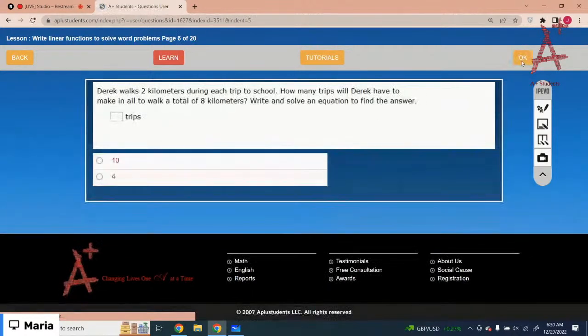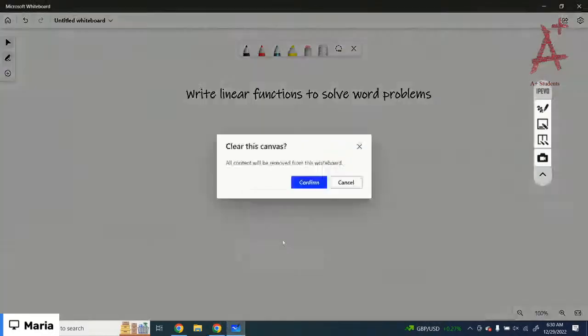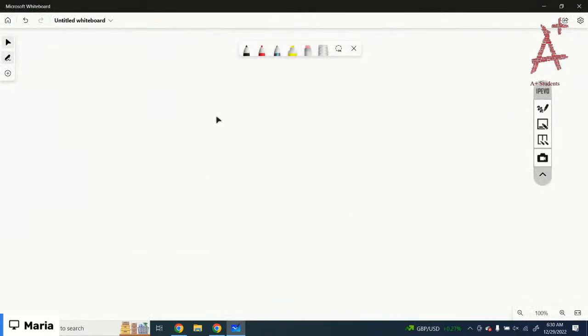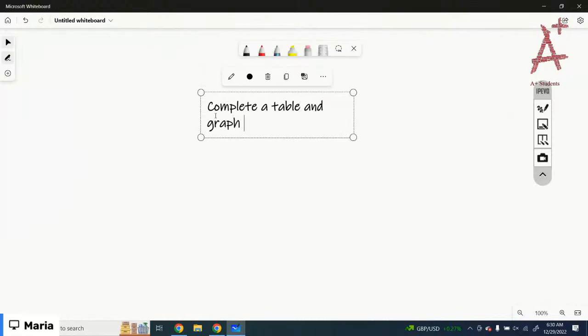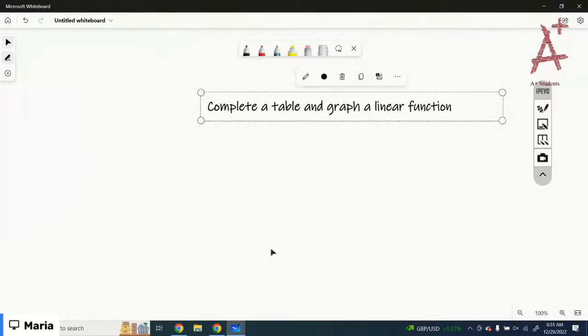Okay, you can complete the test by yourself later today. Let me just move on to the next topic. The next topic is complete a table and graph a linear function.